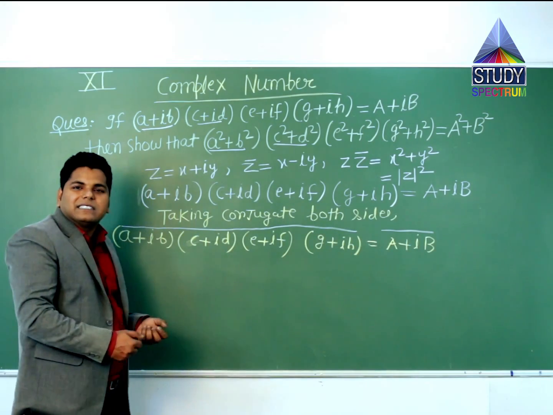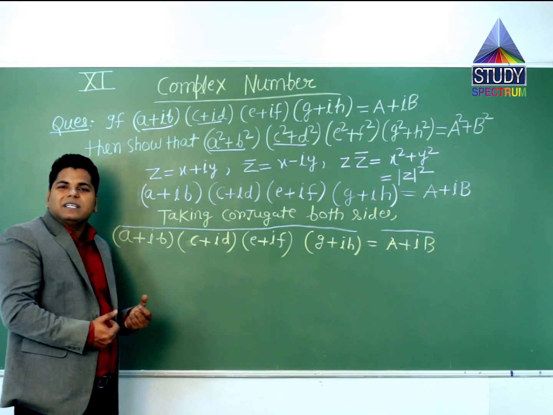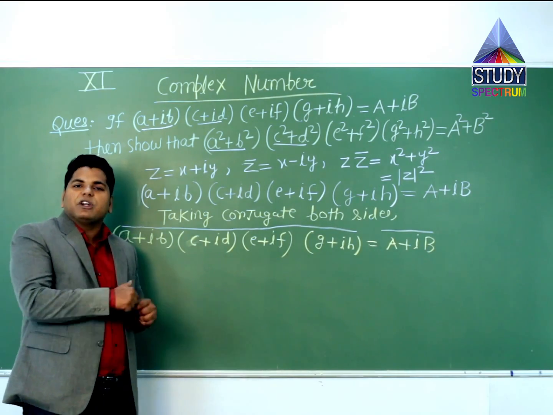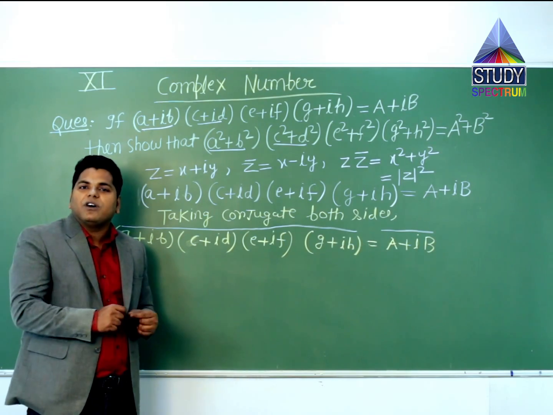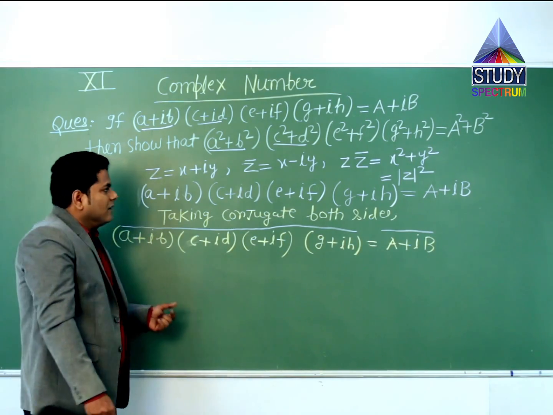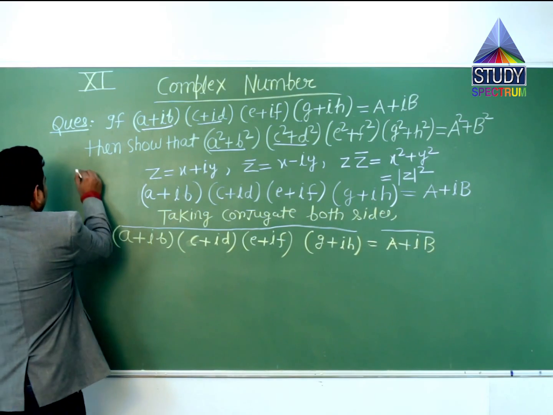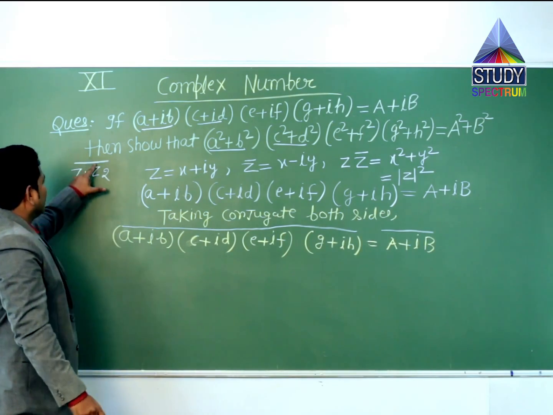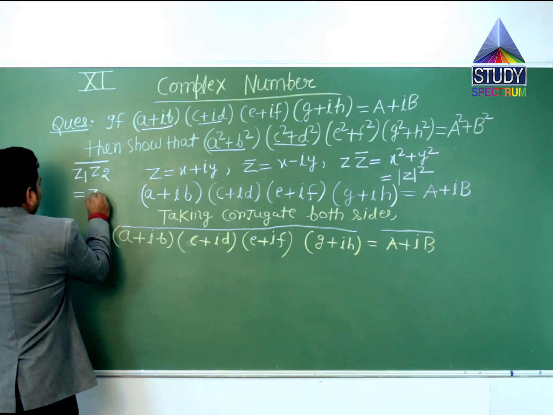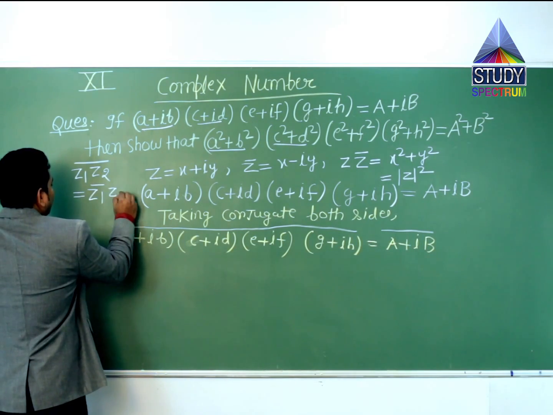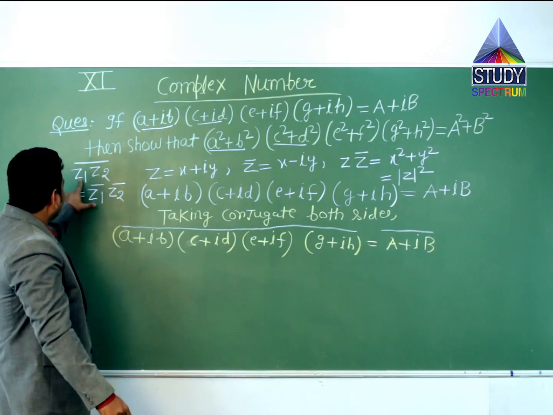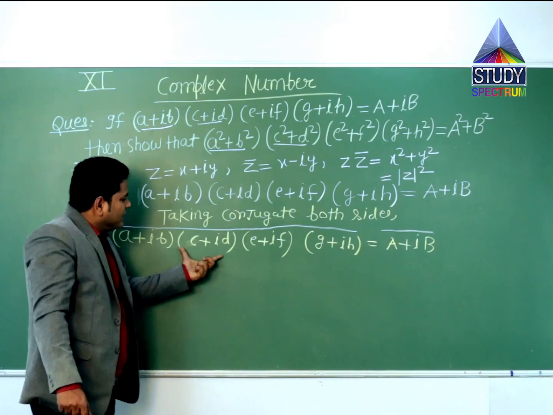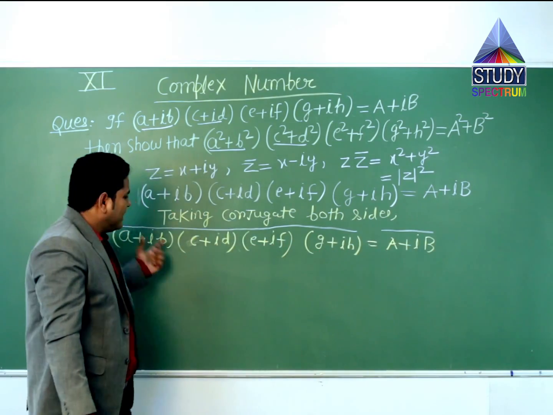While discussing properties of conjugate of complex numbers, if you have two or more complex numbers in multiplication and you are taking bar, meaning you are taking the conjugate of that, then we have noted the property like this: Z1 into Z2 whole bar, it means we give this bar sign to each and every complex number. So Z1 bar into Z2 bar. Z1 into Z2 bar equal to Z1 bar into Z2 bar. So here we have these complex numbers as multiplication and we are taking bar.